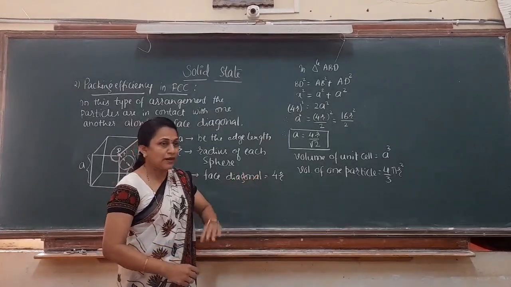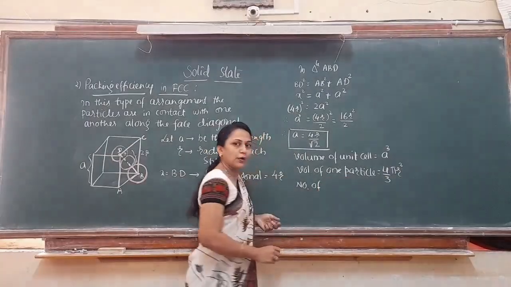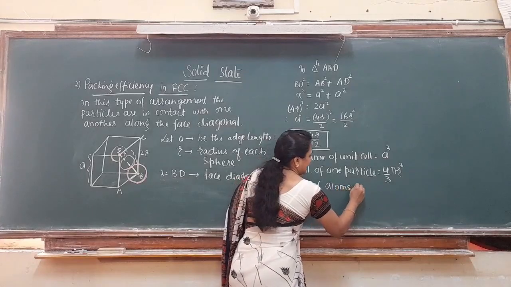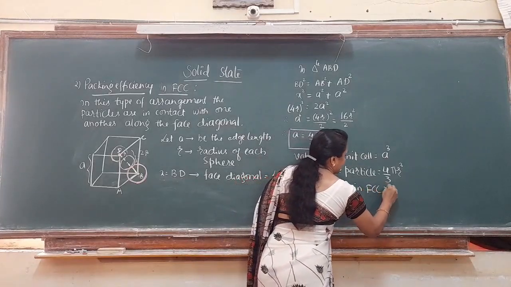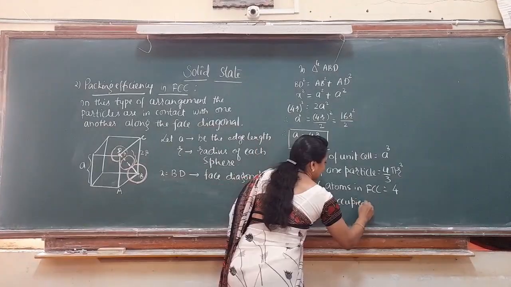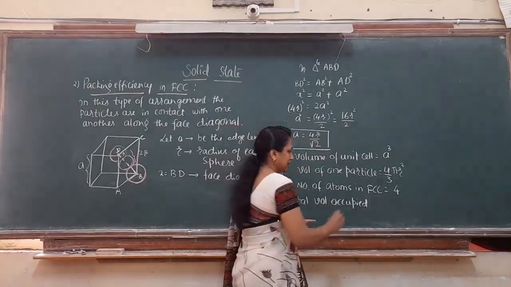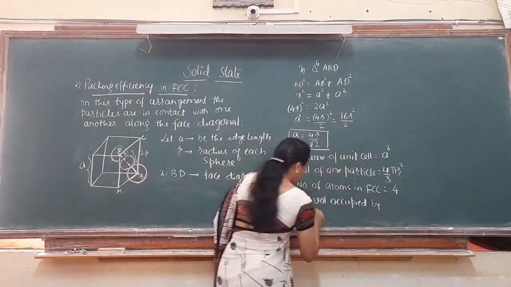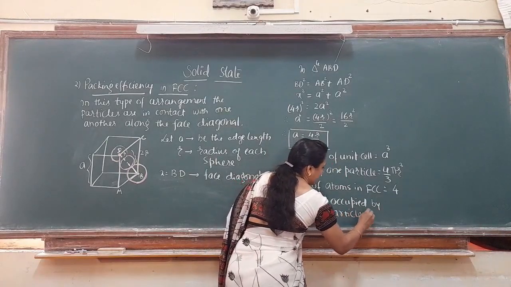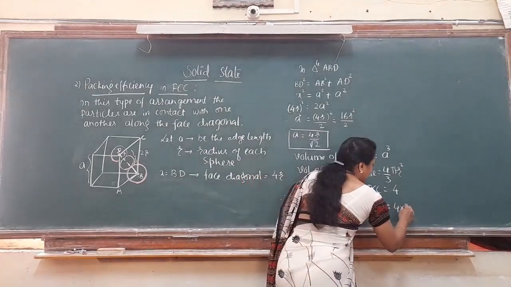So total volume is 4 into 4 by 3 pi r cube. Number of atoms in FCC is 4. Therefore, total volume occupied by the particles is 4 into 4 by 3 pi r cube.